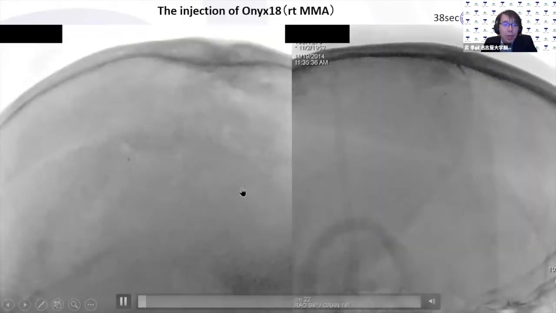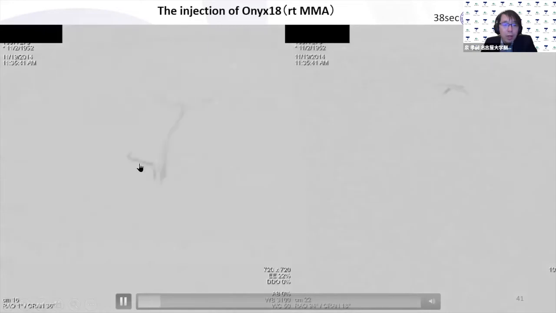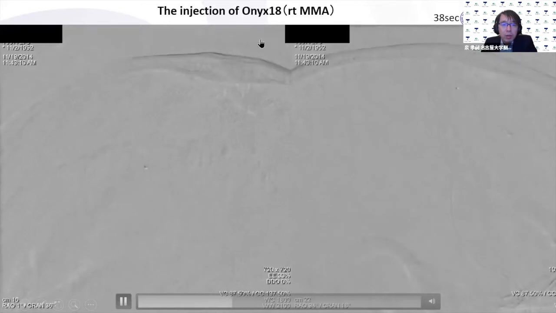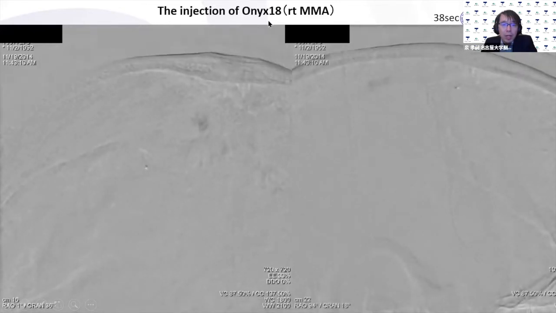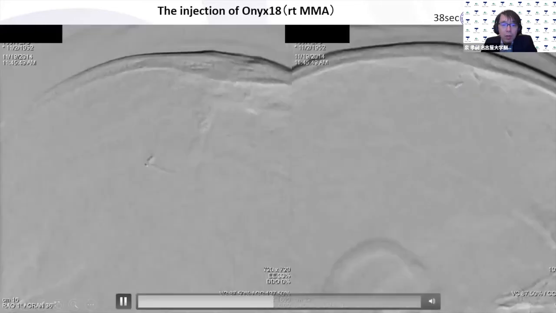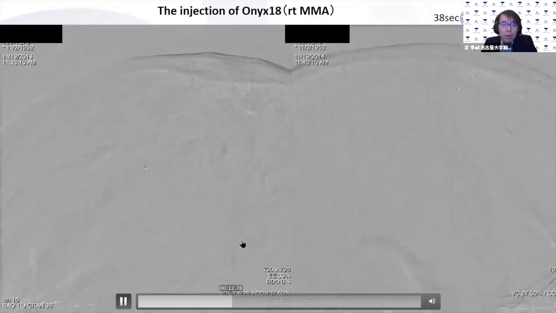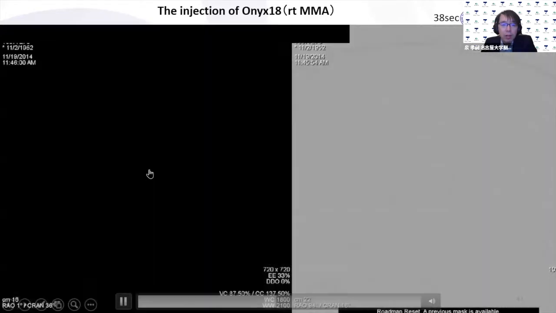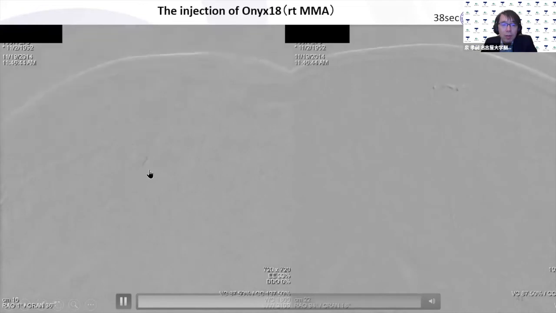After navigation of the microcatheter, here are the AP view and the lateral view, here the SSS and the tip of the microcatheter. I start to inject Onyx 18. At first, Onyx migrates to the SSS. After that, Onyx always does not advance.